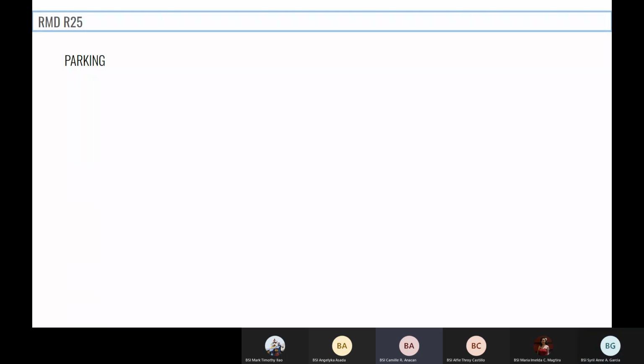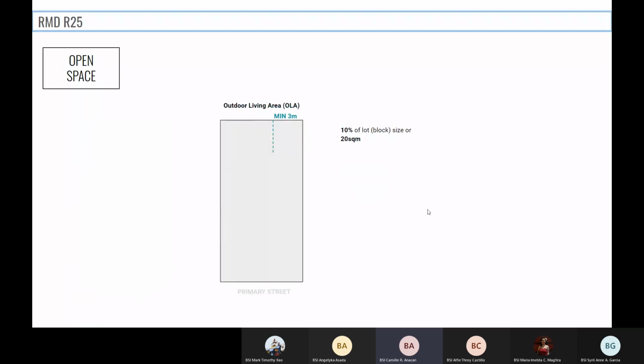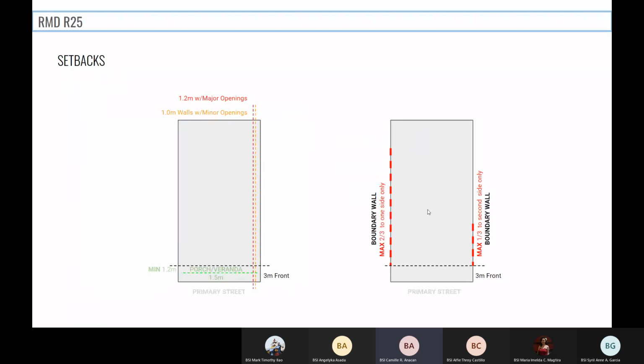I have a question regarding the side boundary setback. You said earlier that it's two-third and one-third. What do you base the two-third and one-third of the wall on? Just some clarification. Thank you. The two-third length of the wall is in reference to the block size, in my understanding of the illustration. But if it's wrong, it can be corrected.